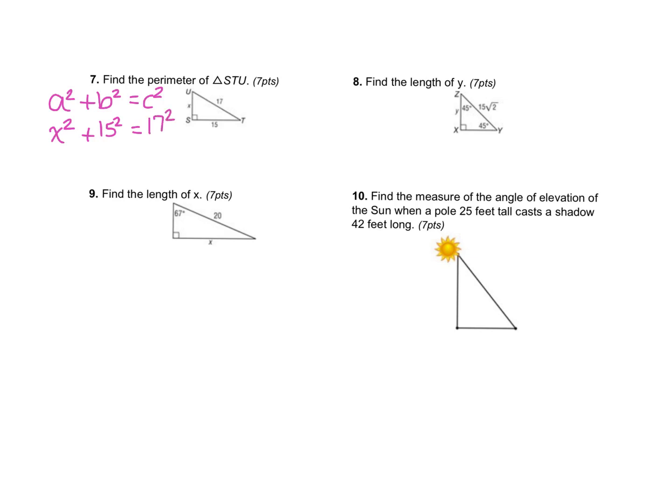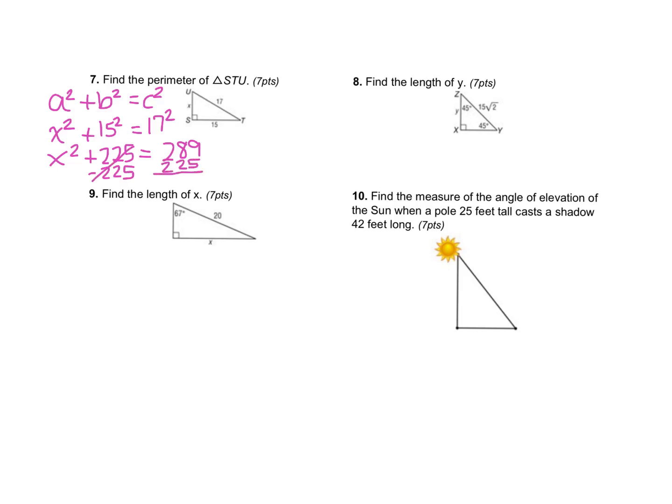So then what I would do here to solve, I know that 15 squared is 225, and 17 squared is 289. So here, to solve for x squared, I would subtract 225 from both sides.